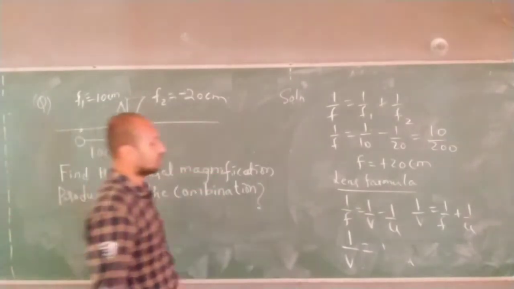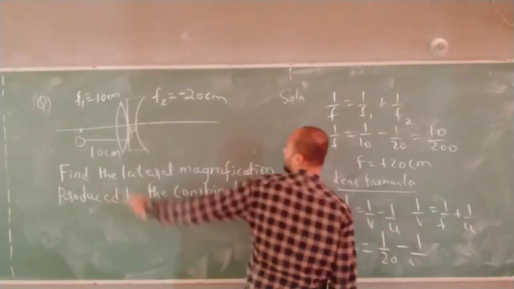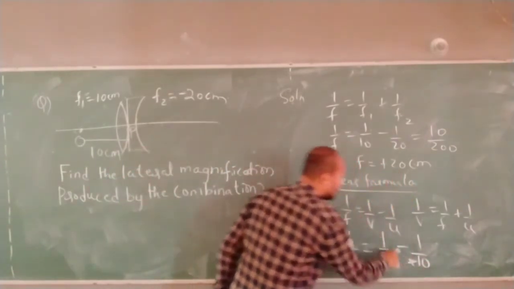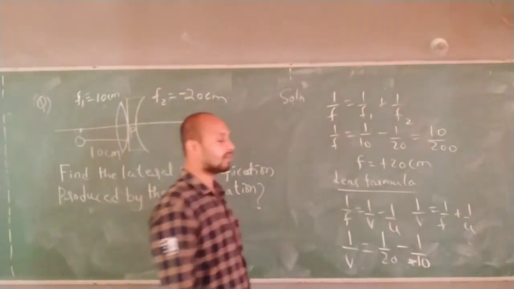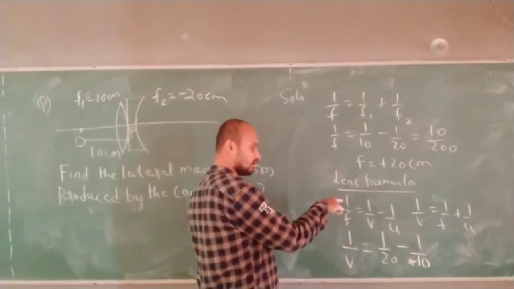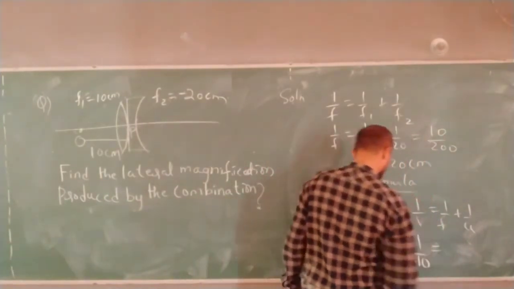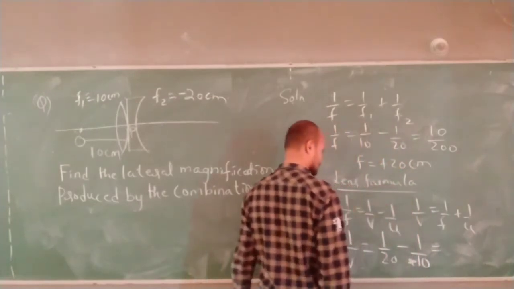F is 20, so 1 by 20 minus 1 divided by the object distance, which is minus 10. Minus of minus becomes plus, so 1 by 20 plus 1 by 10 becomes 3 by 20.